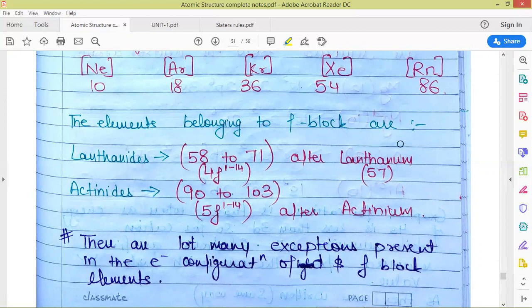Lanthanum is a D block element with atomic number 57, and actinium has atomic number 89. The elements coming after lanthanum, 58 to 71, are 14 elements where the 4f subshell is filled with 14 electrons. After actinium, atomic numbers 90 to 103 are not counted in the D block elements, so they are placed separately based upon their properties in the F block.